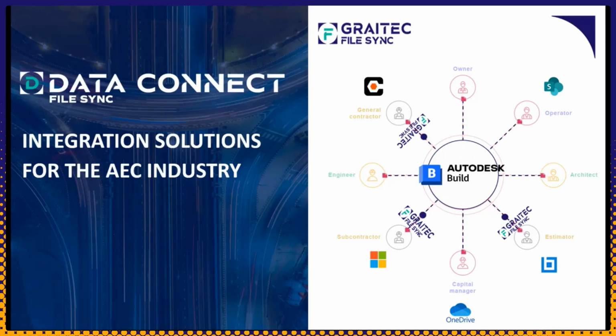It enables seamless ongoing collaboration by automatically synchronizing key documents and data, change orders, updated estimates, procurement packages, from wherever they're generated straight into Autodesk Build and back again if needed.